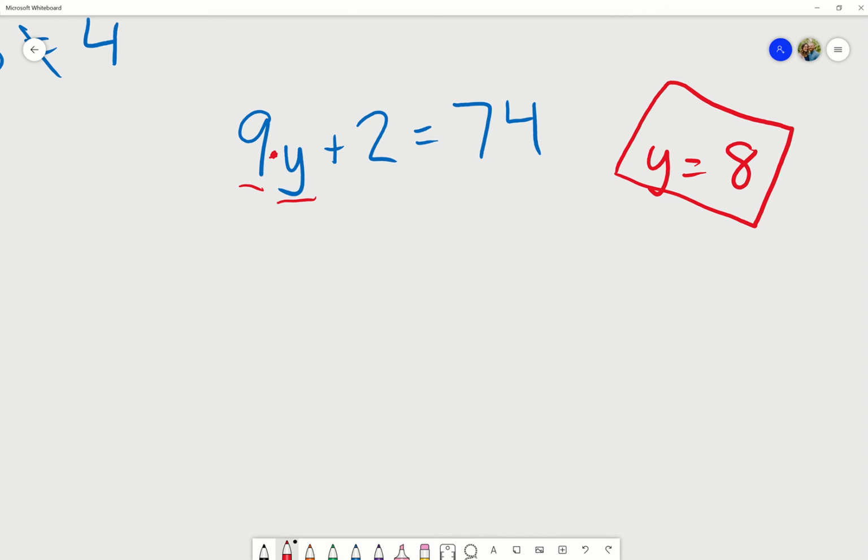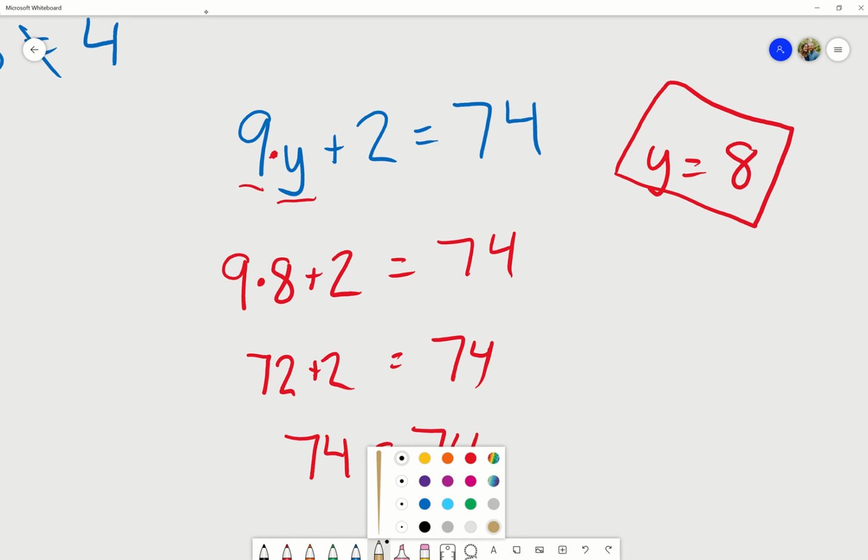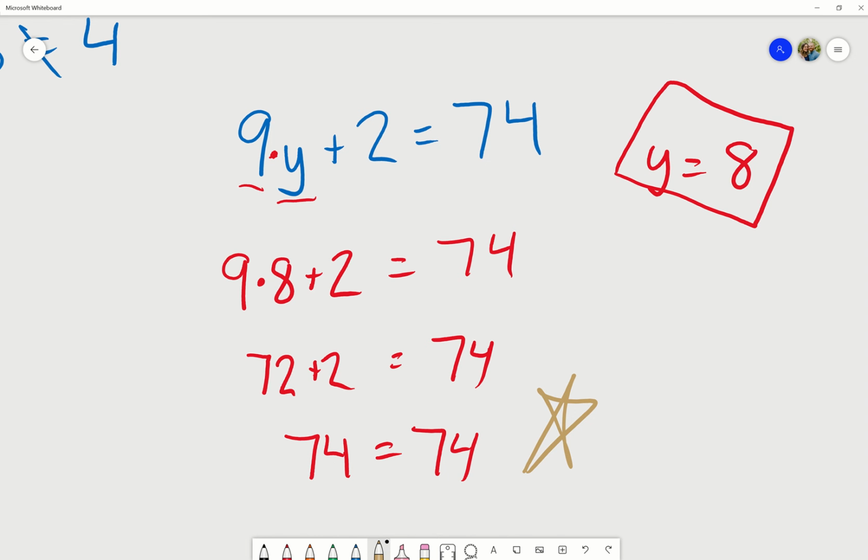So when we rewrite our problem, it says 9 times 8 plus 2 equals 74. 9 times 8 is 72, plus 2 is 74. So 74 equals 74. Is that a true statement? Yes, it is. We get a gold star for getting it correct. Look at us go.